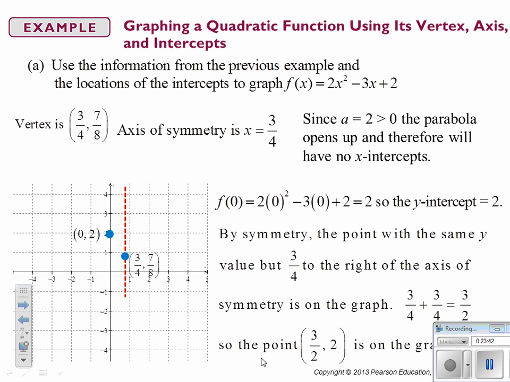If this is 3/4 away, we go 3/4 on this side and graph that point, and put our parabola in. So we're collecting the vertex, the axis of symmetry, and our intercept so we can put together a clear graph of our function.